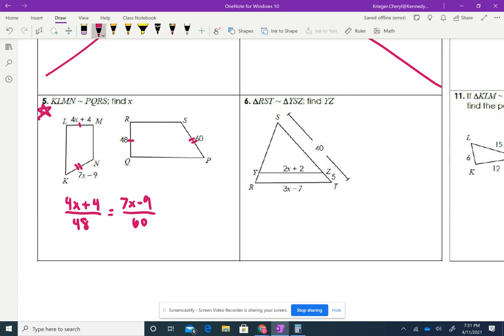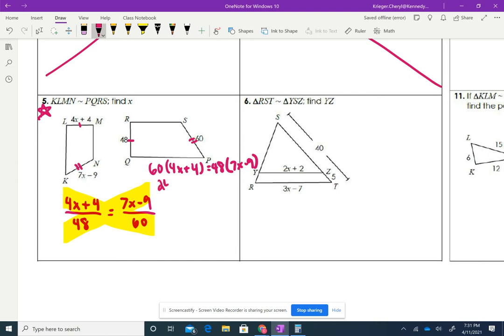Okay, so same process here. We're going to cross multiply, but with a little more algebra. So 60 times 4x plus 4 equals 48 times 7x minus 9.